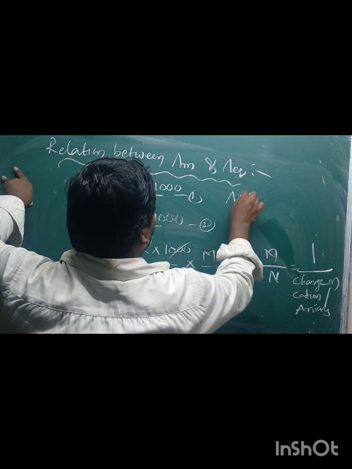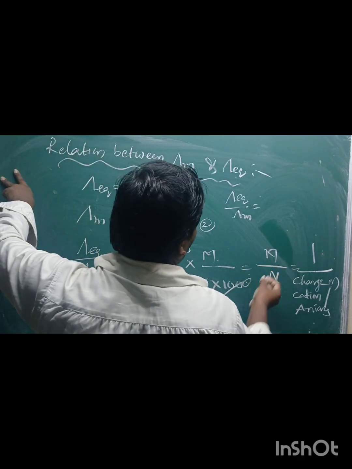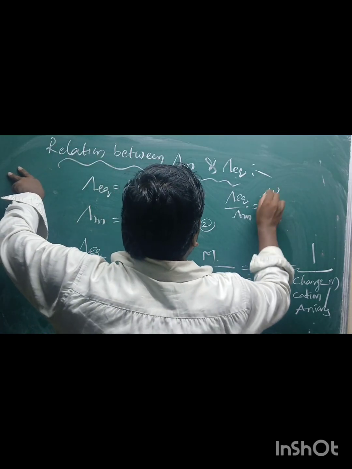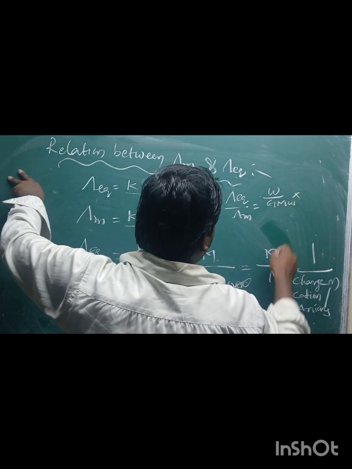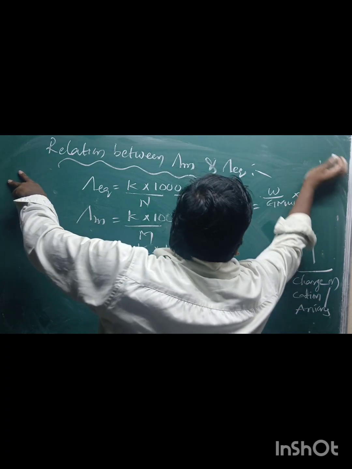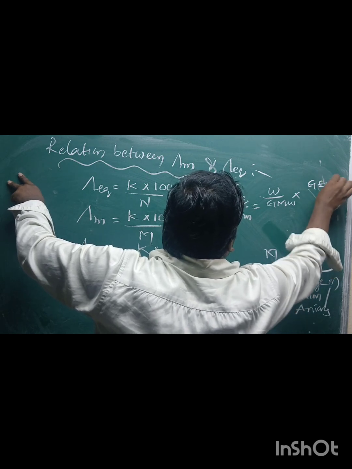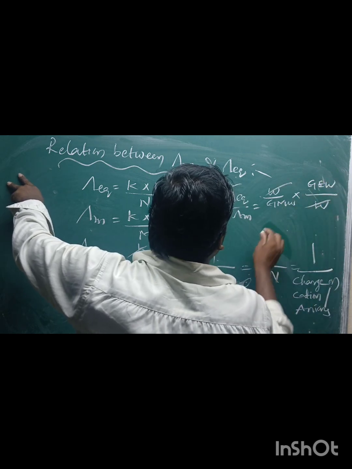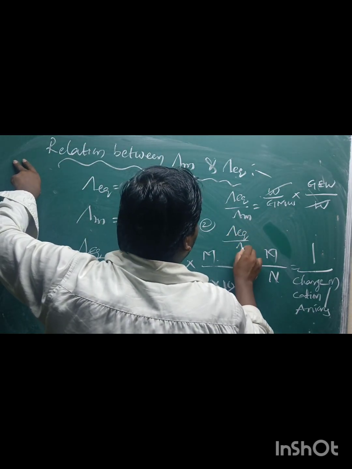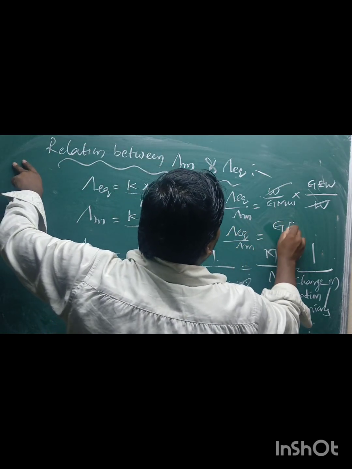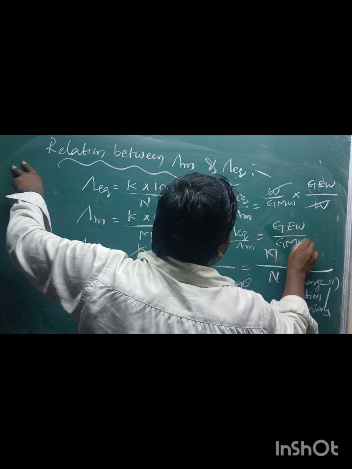Simply, lambda EQ by lambda M is equal to molarity over normality, which is gram equivalent weight by gram molecular weight.